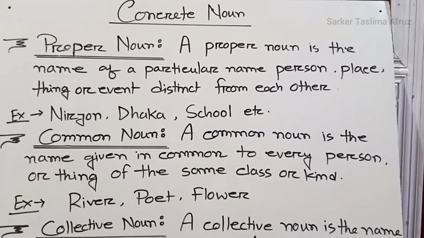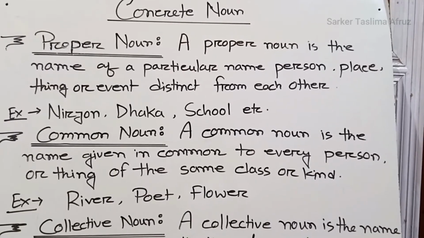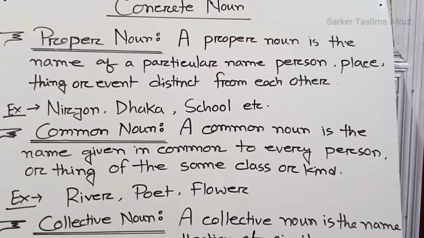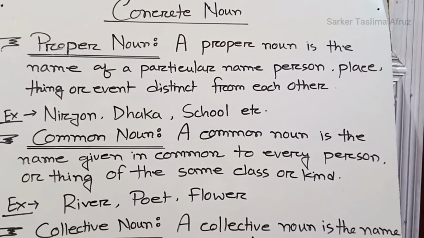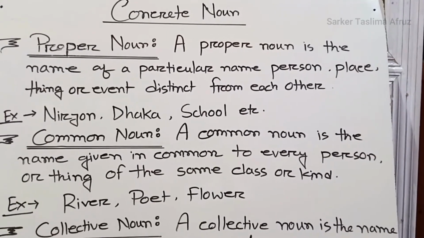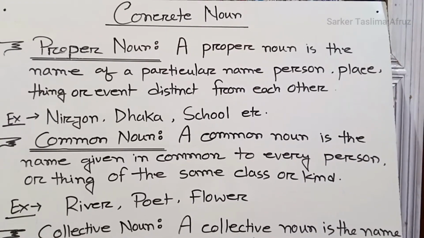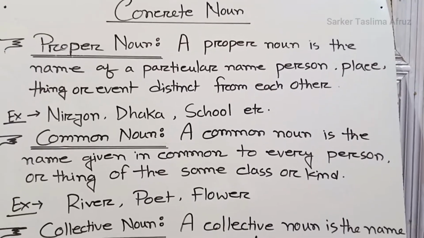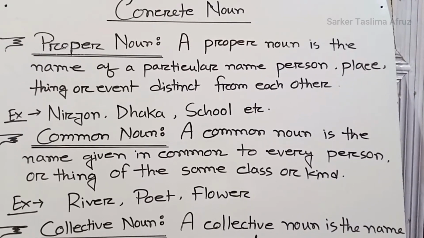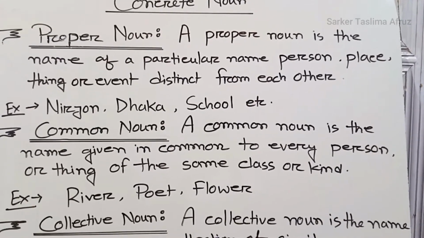Proper noun is the name of a particular person, and also a particular place or thing. Moreover, in written English, a proper noun always starts with a capital letter.